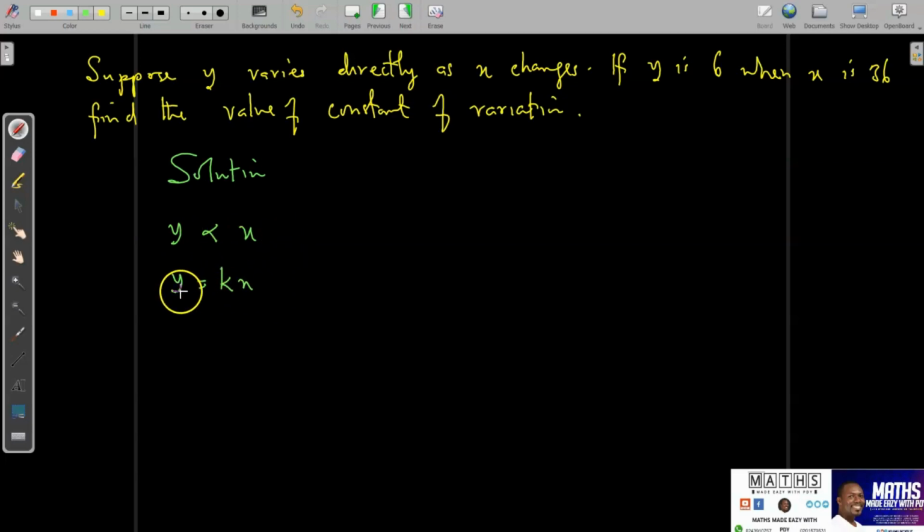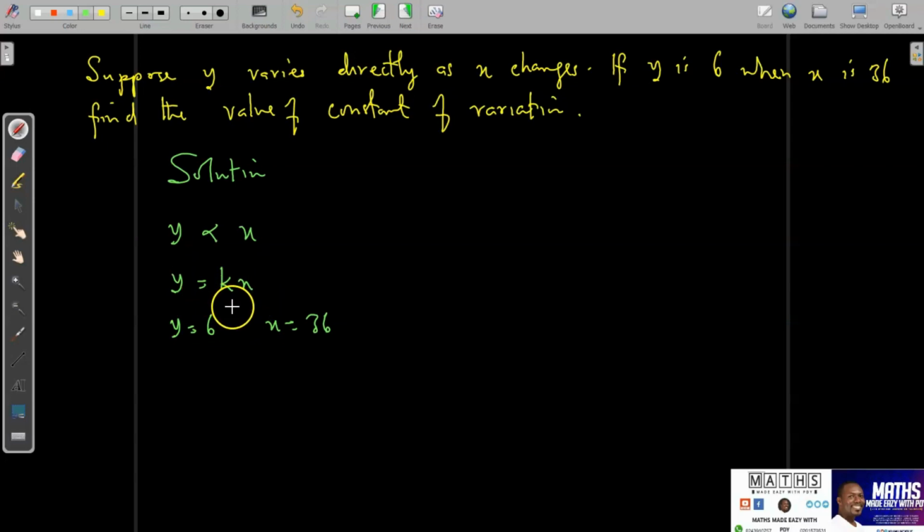So going further, now, if this is an equation for future references, then they give us a statement for the future reference. If y is 6 when x is 36, so we have been told that y is equal to 6 and x is equal to 36 in the future. We should use these two pieces of information to get the constant of variation value.